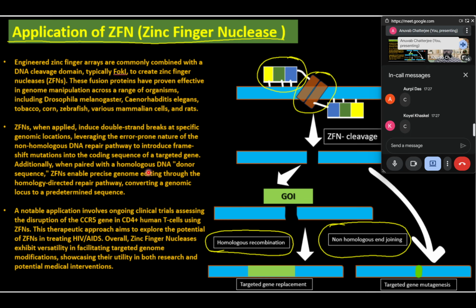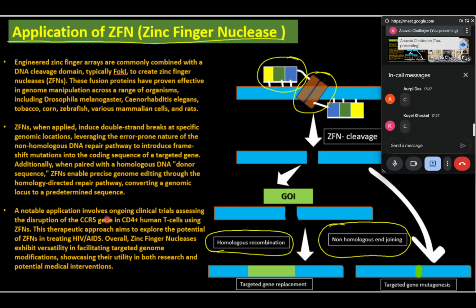Additionally, when paired with a homologous DNA donor sequence, so if you want to actually insert something, then you put in a gene of interest that you want to insert, and this will be used for homology directed repair, and that part will be integrated in the genome. This enables precise genome editing through the homology directed repair pathway, converting a genomic locus to a predetermined sequence.